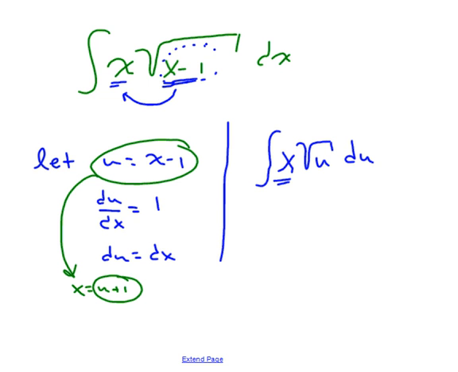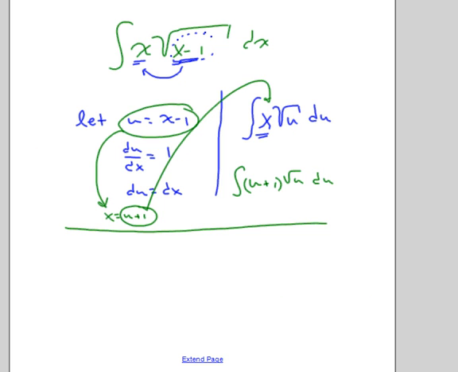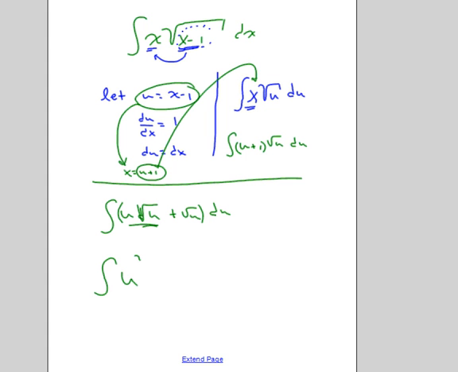So therefore, we can rewrite this as the integral of u plus 1 times root u du. While this may not jump out as immediately simpler, it in fact is, because if we distribute, we get u times root u plus root u du, which we can write as u to the 3/2 plus u to the 1/2 du.